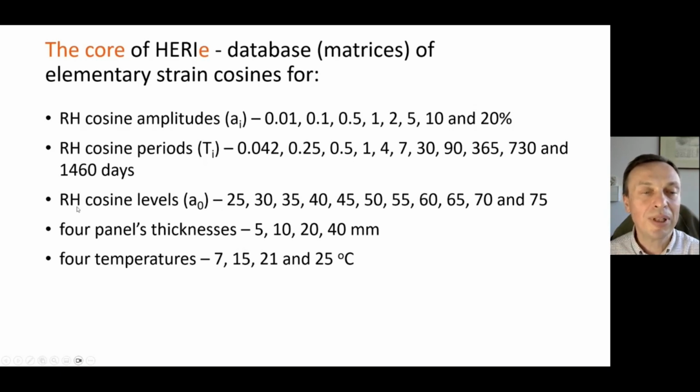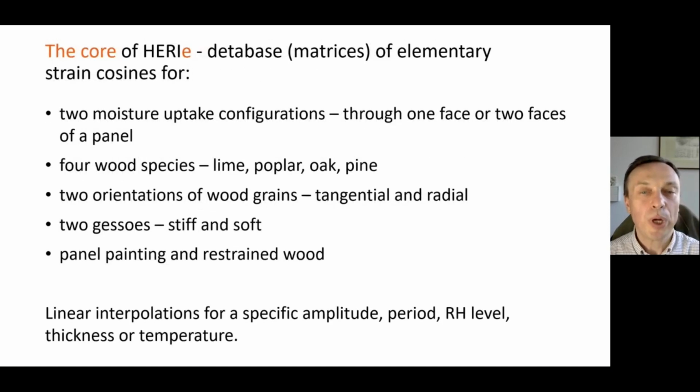We also have different levels of humidity variation, starting from 25, going to 30, 35, and the highest average relative humidity at which the humidity changes is 75%. We consider 4 panel thicknesses from 5 to 40 millimeters for temperatures 7, 15, 21, and 25. We also consider two moisture uptake configurations, through one phase and through two phases in a panel.